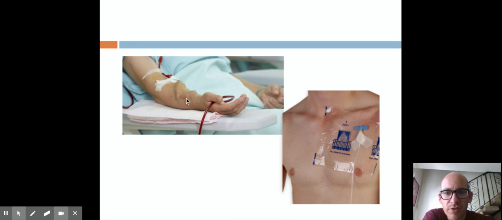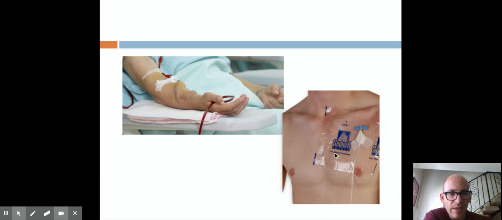If you look at this one first, you can probably see these lumps in their arm. Basically, those are arteries that are being pulled up right onto the surface. You have surgery to lift your arteries right next to the skin, and then they just break the skin and the tube goes in and blood is taken out and pushed back in. So you have to live your life with these large lumps on your arm.